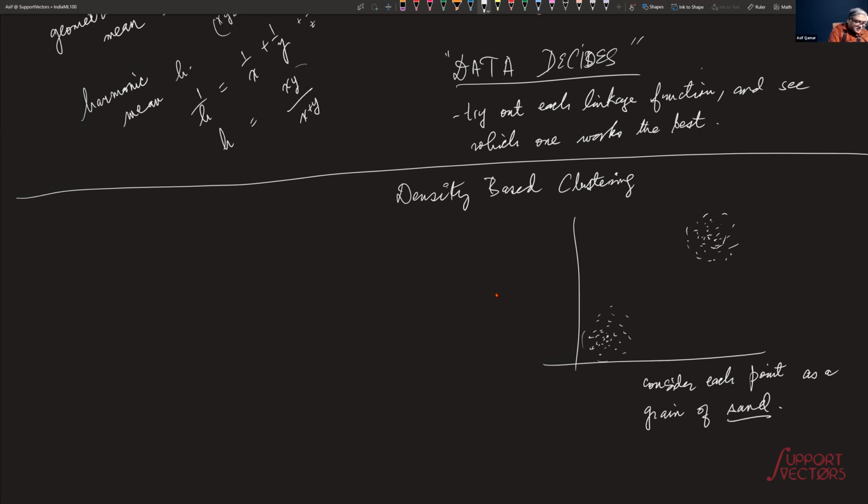Then what will happen is, somewhere near the center of the cluster, these regions are dense, the insides of clusters are dense, like this is also dense. But what about these areas? Mostly empty.